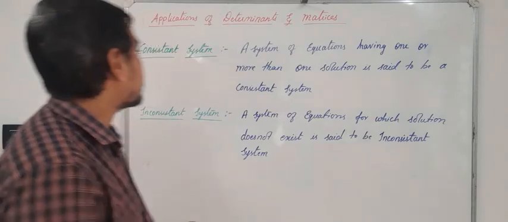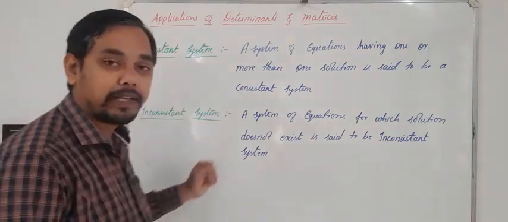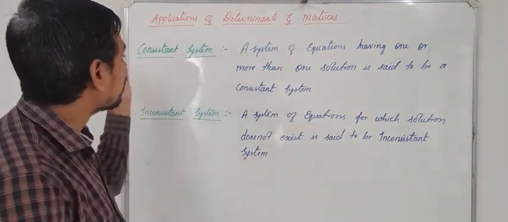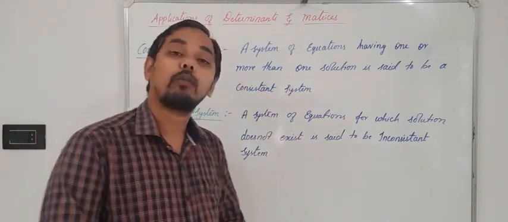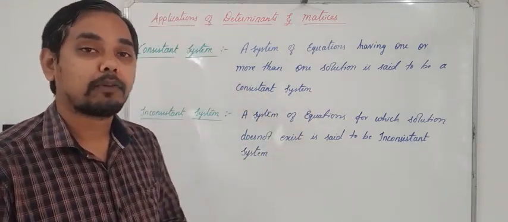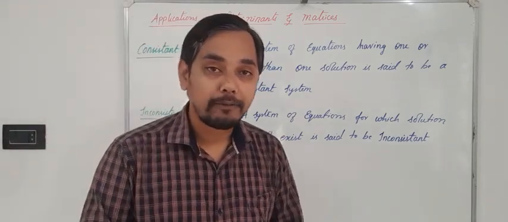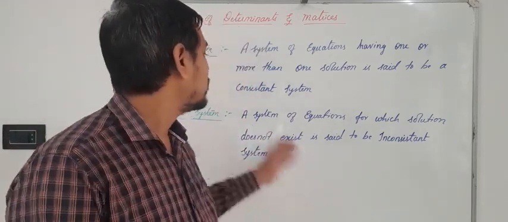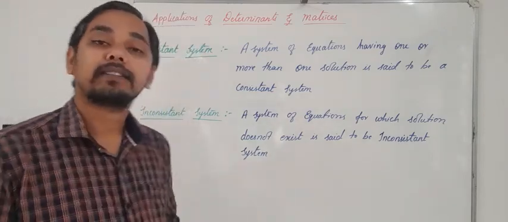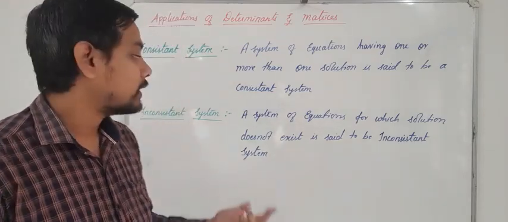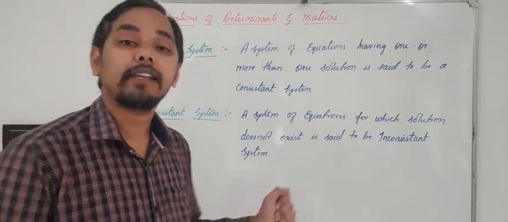So what is the definition here? As I already explained what a consistent system is, but according to your book, the definition is: a system of equations having one or more than one solution is termed a consistent system. And what is inconsistent? It's the opposite of consistent, that is, a system which does not have any solution.